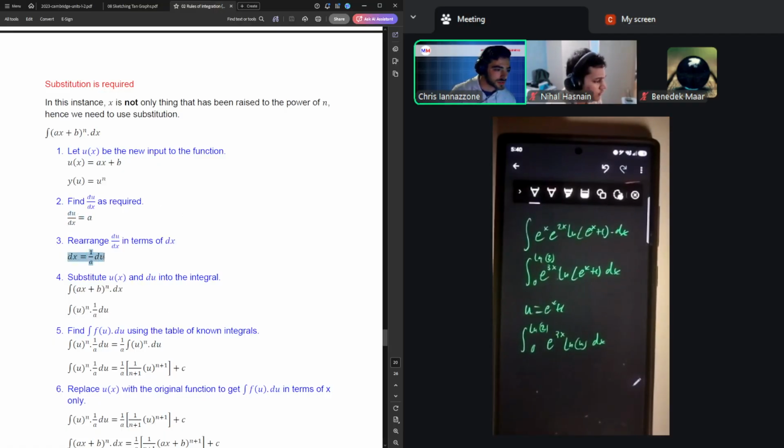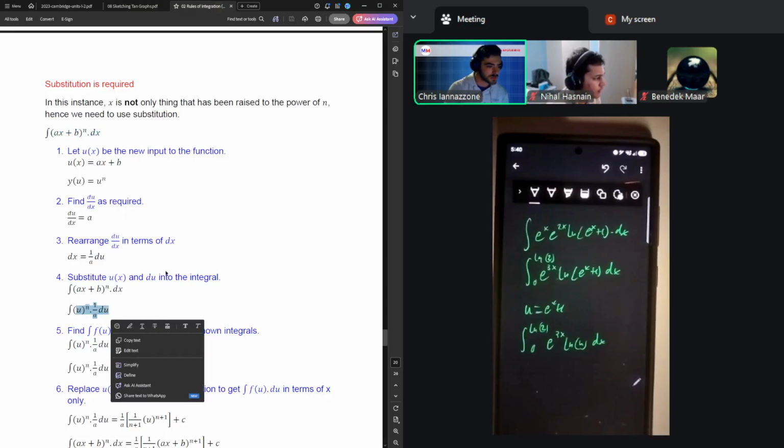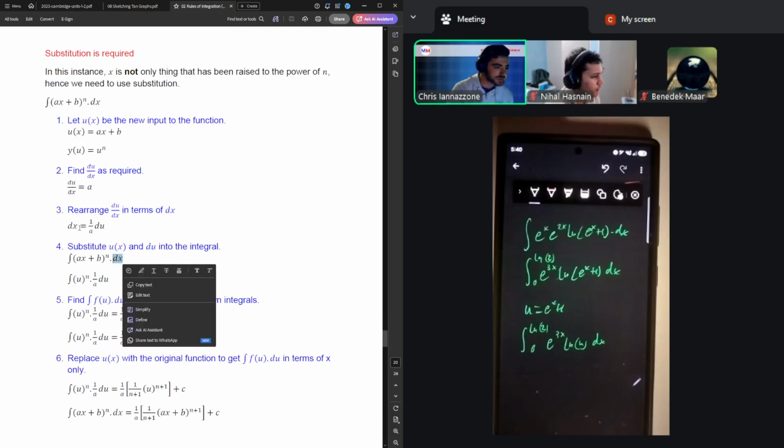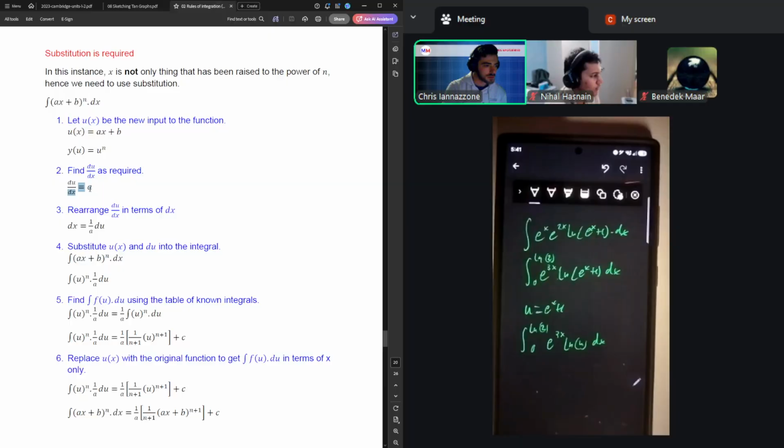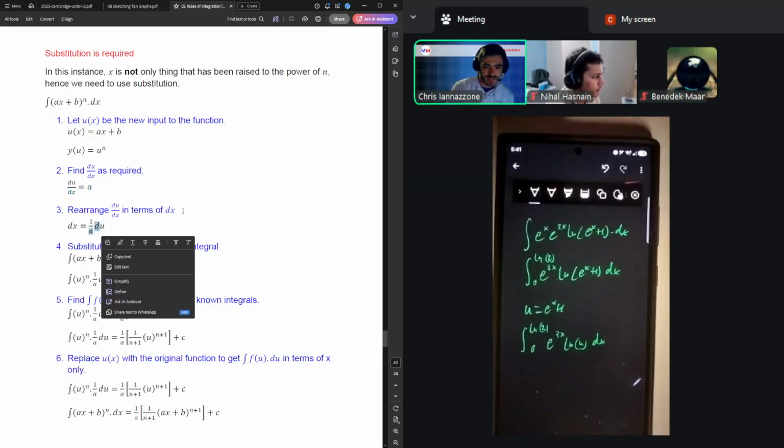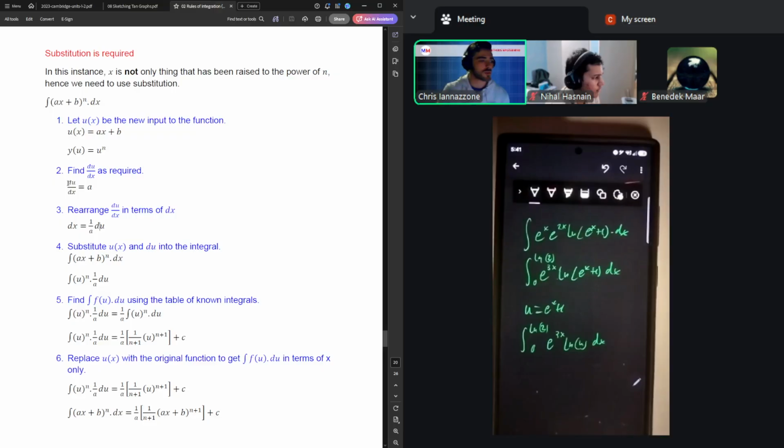And the reason why we're doing this specifically is because if you just replace this with u, you've still got dx in there. What you want to have is du. And so to replace dx with something that has du in it, you need to have an equation with something that has du and dx in them, which is why we're rearranging this to get dx on its own.